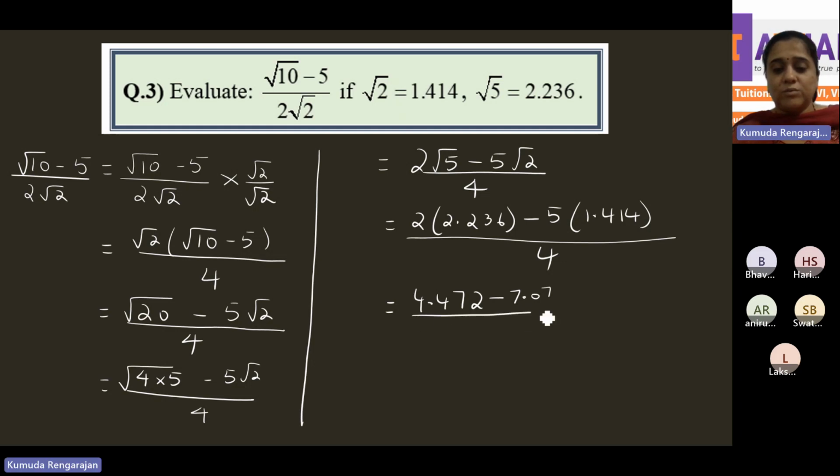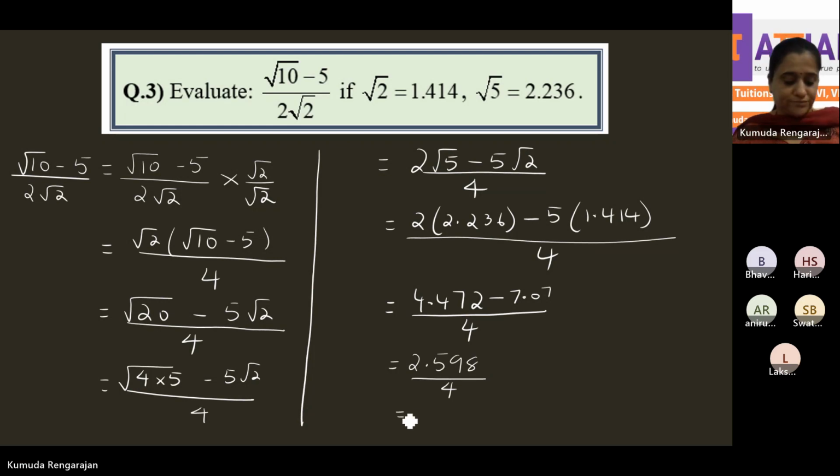So this is 4.472 minus 7.07, that is minus 2.598, divided by 4. Minus, because the data is minus, 0.6495. This is the answer.